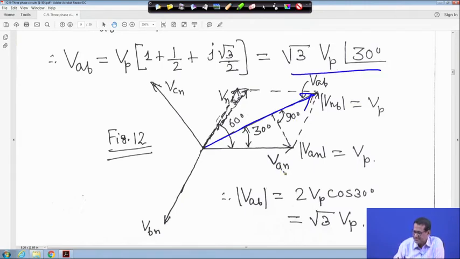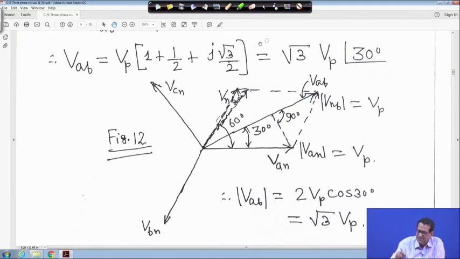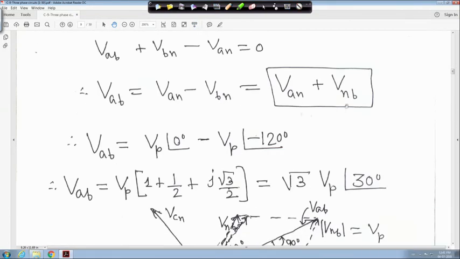So VAB is equal to VAN plus VNB. We should know VAB is equal to VAN plus VNB, right? That's why we made it VAN plus VNB here.